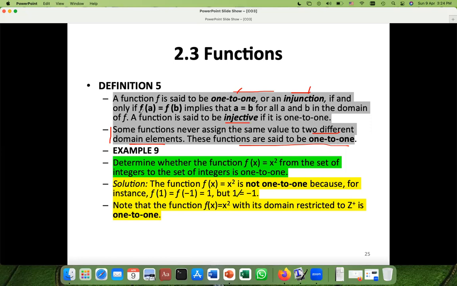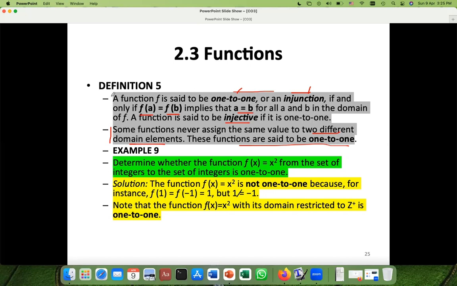Then we have to take some value a from that domain and apply the function over it, and then take another element b from that domain and apply the function over it. If f(a) equals f(b) implies that a is equal to b, then that also means the function is one-to-one.